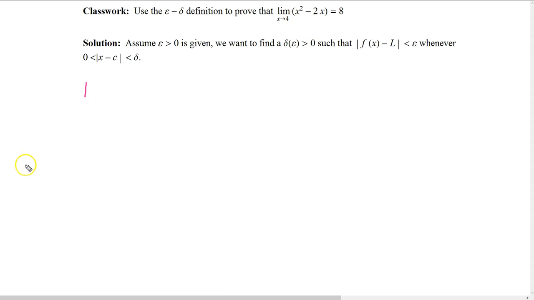So we begin by looking at the absolute value of f(x) minus L, and now let's manipulate that. Let's see, that factors nicely.